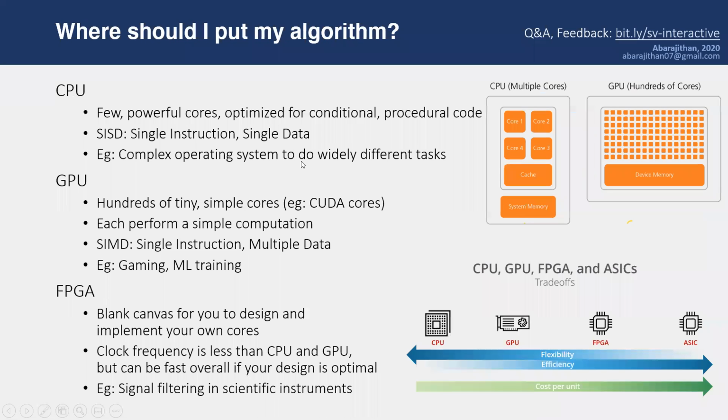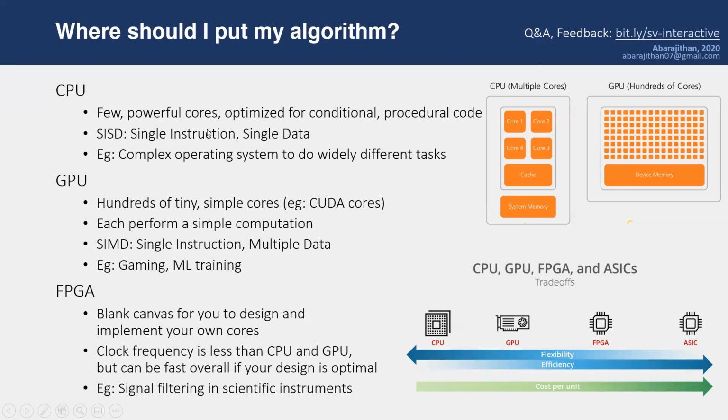Okay, now where to put your algorithm? These are some FAQs, frequently asked questions. If you already have an algorithm, should you go for a CPU, GPU, FPGA, or an ASIC? The difference is that a CPU has only a few cores, say 3 or 4, but they are powerful cores.